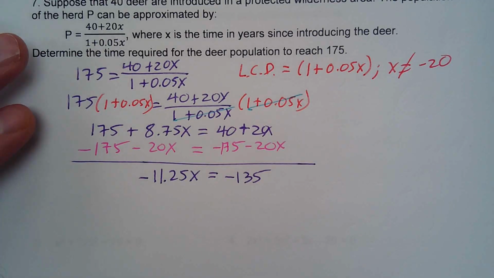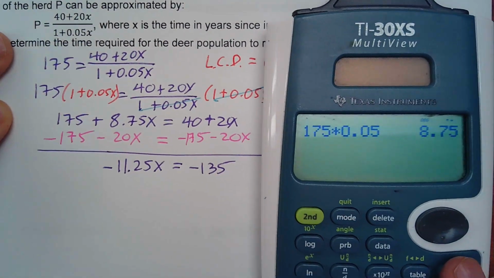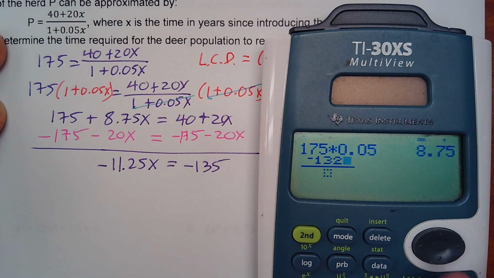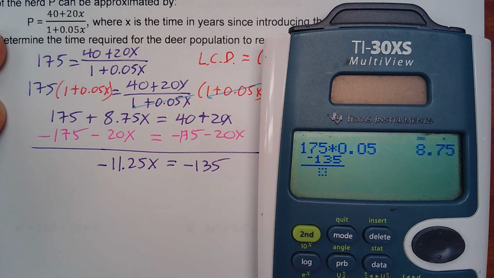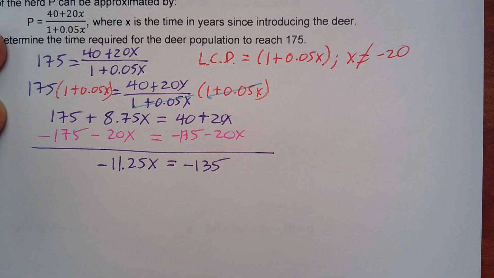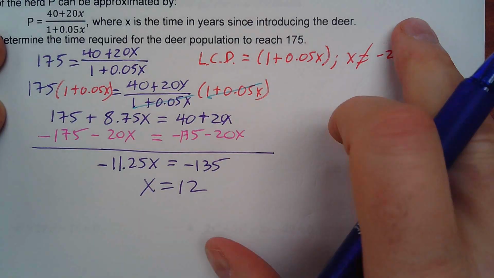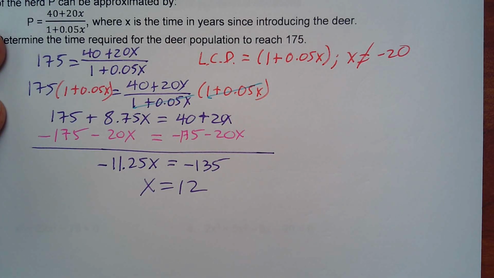And now we just need to do the division. So I'll just do it as a fraction, negative 135 over negative 11.25. That works out to be 12. That doesn't match the restriction, so we're good. That means it's going to take 12 years.